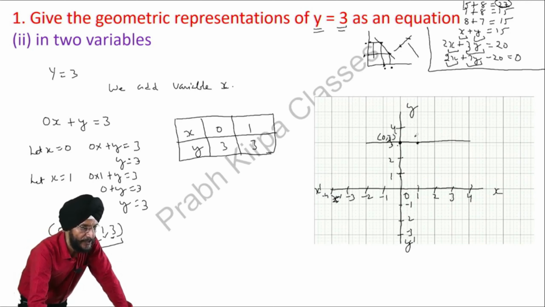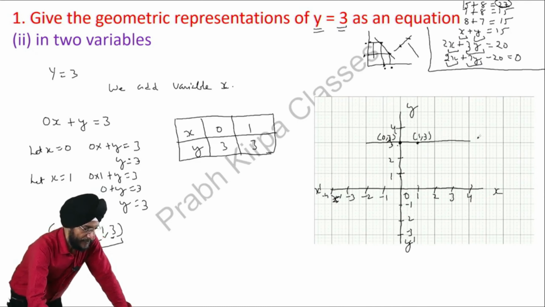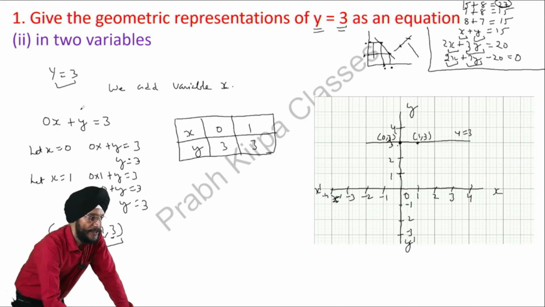At this point the solution is 0, 3. At this point the solution of x and y is 1 and 3. Here it is parallel to the x-axis, it is the equation y is equal to 3.